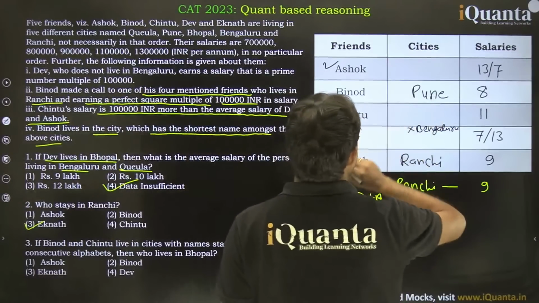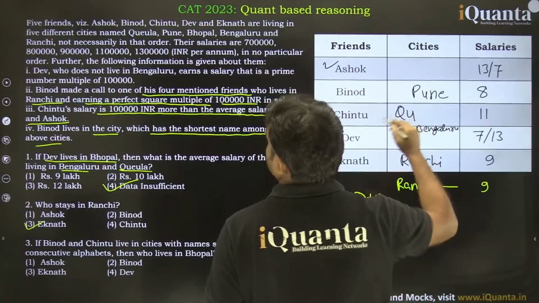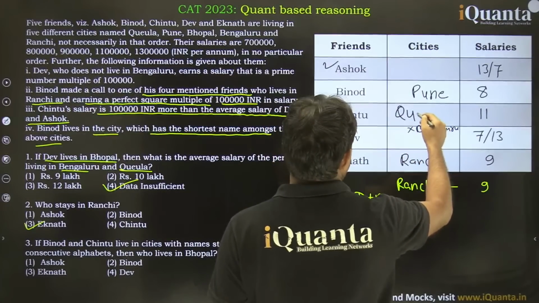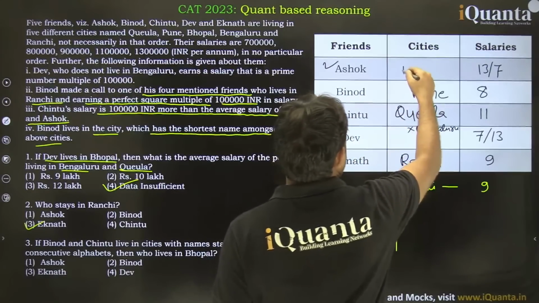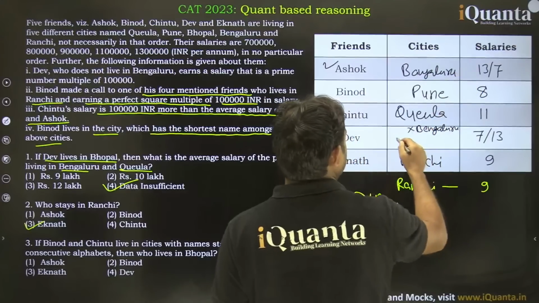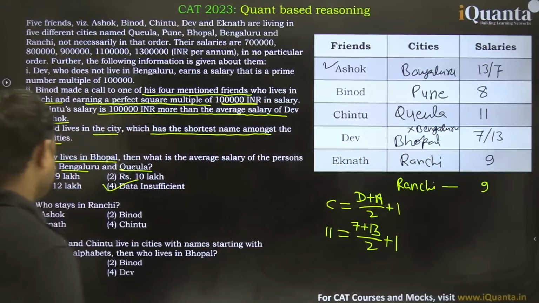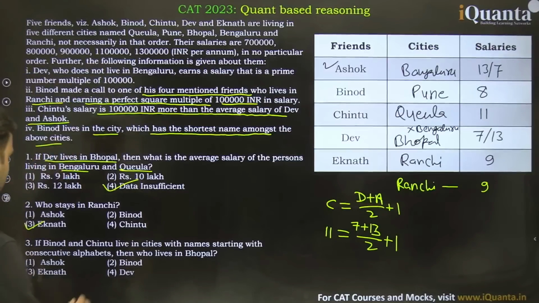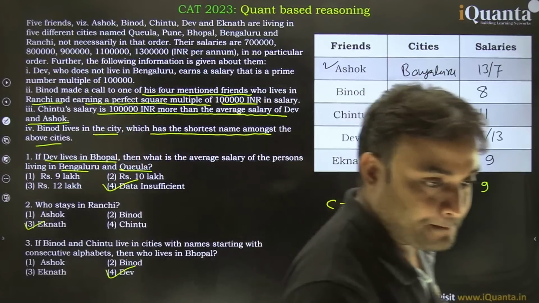Binod is living in Pune, so Chintu must be living in Kolkata, and Dev cannot be in Bangalore, so it must be Ashok who is living in Bangalore and Dev is living in Bhopal. So who lives in Bhopal? The answer is the fourth option, Dev lives in Bhopal.